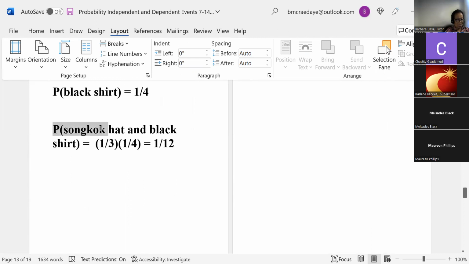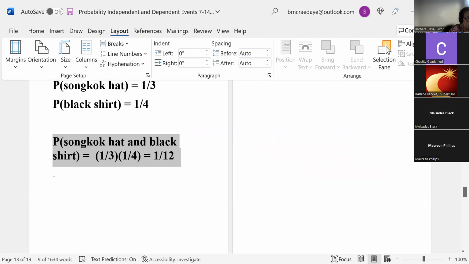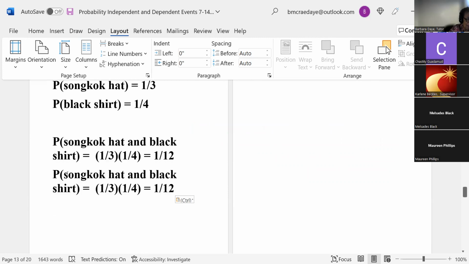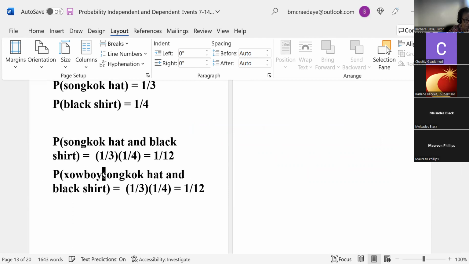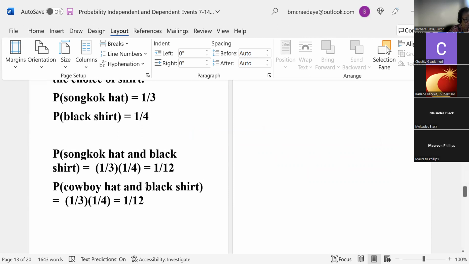Let me just put this here. So the probability of a cowboy hat, we have a total of 3 hats. Cowboy hat and a white shirt. So this is cowboy hat, that is 1 to 3, and a white shirt. So what's the answer, Mercedes?